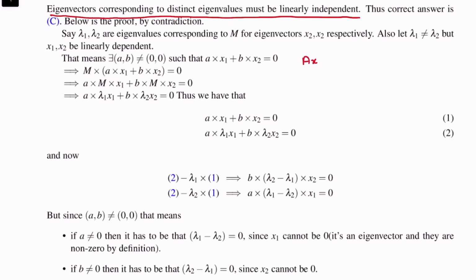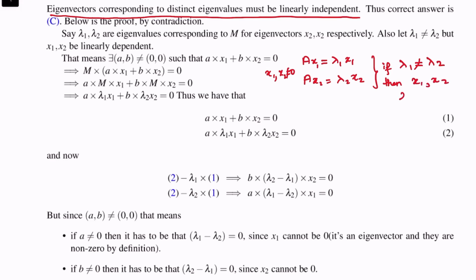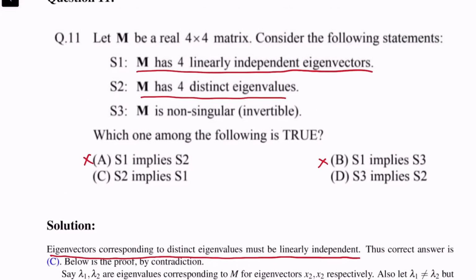If Ax1 is equal to lambda 1 x1 and Ax2 is equal to lambda 2 x2, and x1 and x2 are not equal to 0, then if the eigenvalues are distinct, that is, not equal to each other, the eigenvectors corresponding to those eigenvalues must be linearly independent.